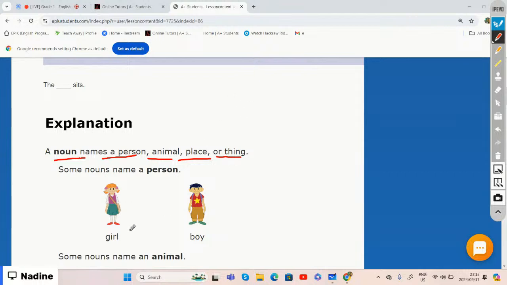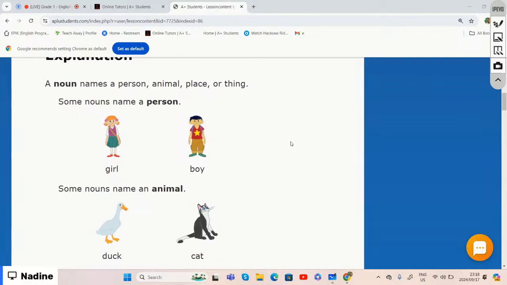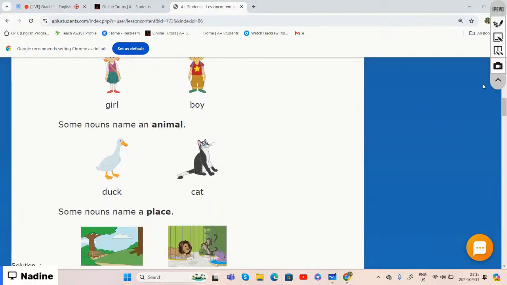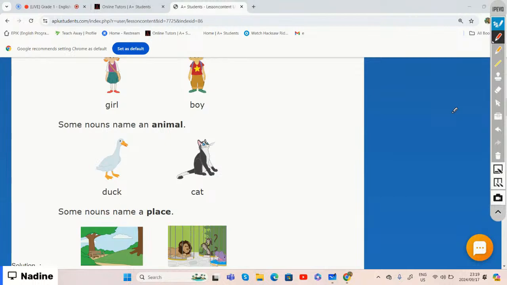And then we also have nouns that name an animal. When we name an animal, we can basically name the specific animal that we have or that we see. It can be pets, your favorite animal, ducks, cats, dogs.